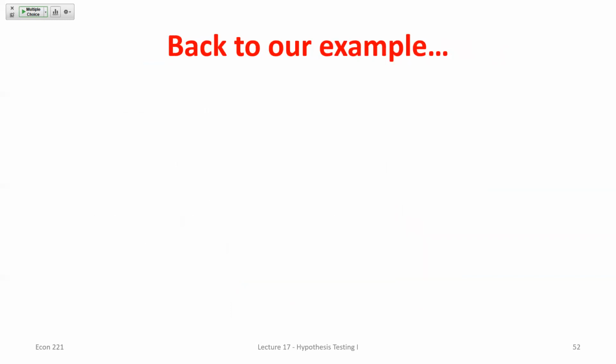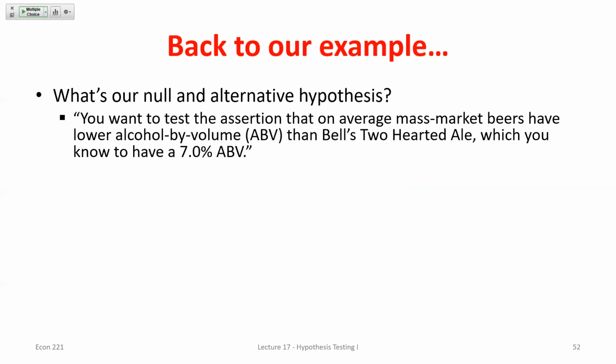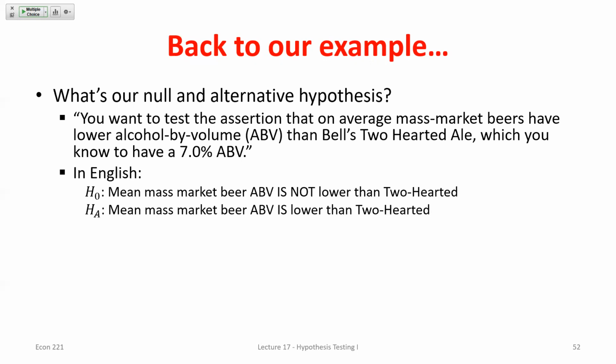So let's go back to our example here. What would our null and alternative hypotheses be if I'm wanting to test whether or not the average ABV is less than 7%? Well, that's what I'm trying to test for, what I'm trying to find, so that would be my alternative hypothesis. We can write this out in English, right? What I'm trying to test for is whether or not it has an ABV lower than 7%.